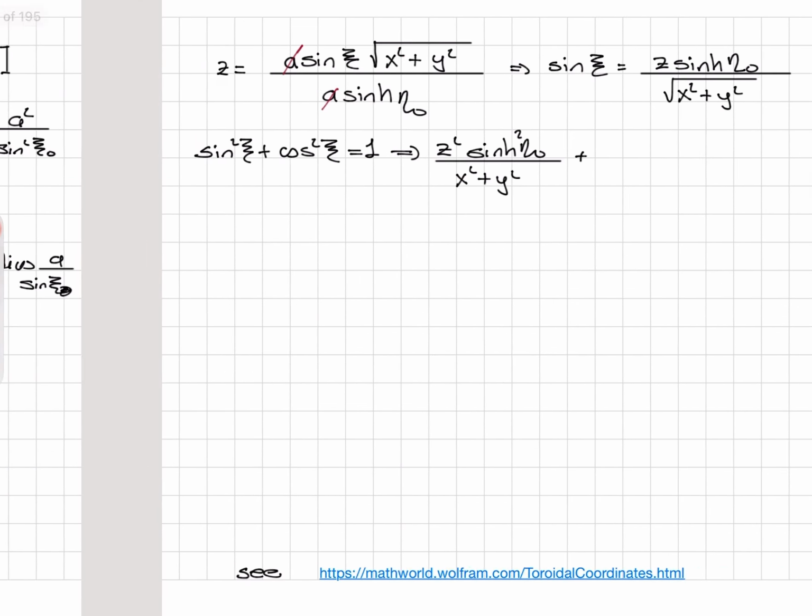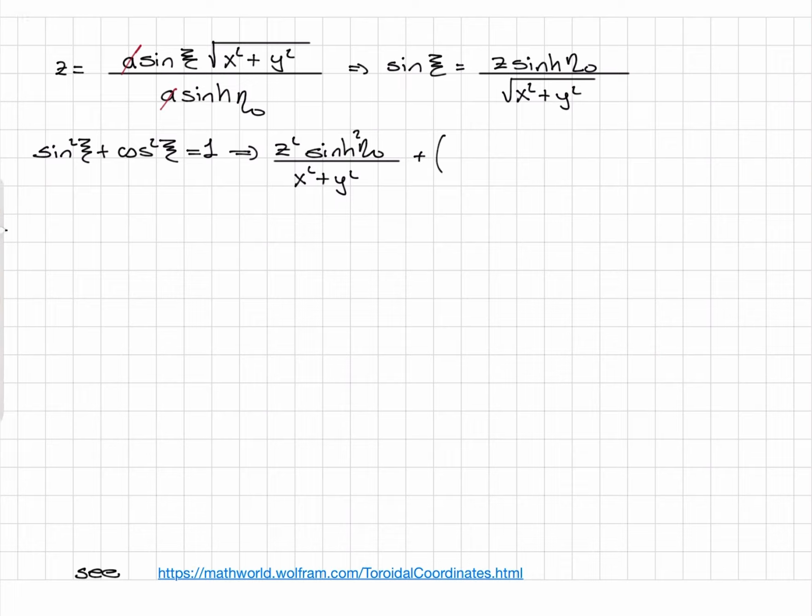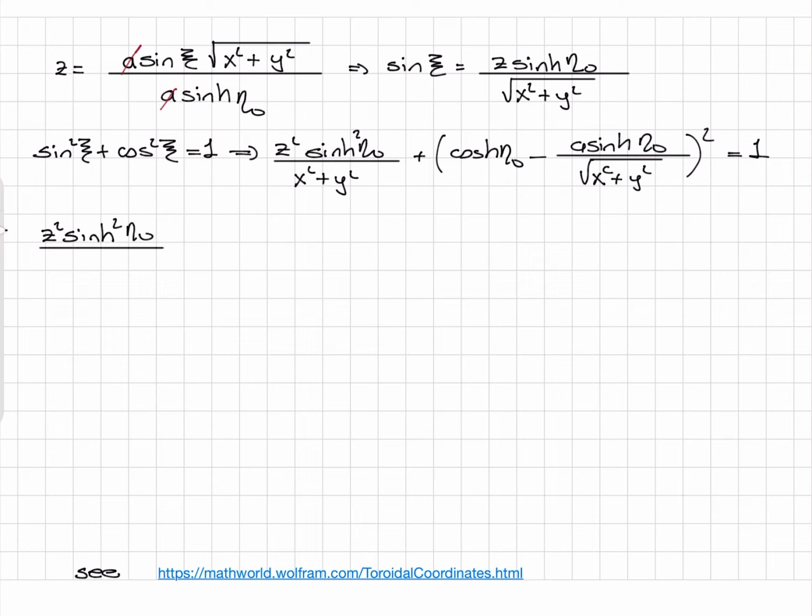So I'm going to take the square of this plus (cosh eta 0 minus a sinh eta 0 divided by square root of x squared plus y squared) squared. This must be equal to 1. Okay, so this is going to give me z squared, the first term, sinh squared eta 0 divided by x squared plus y squared. That was the first term.